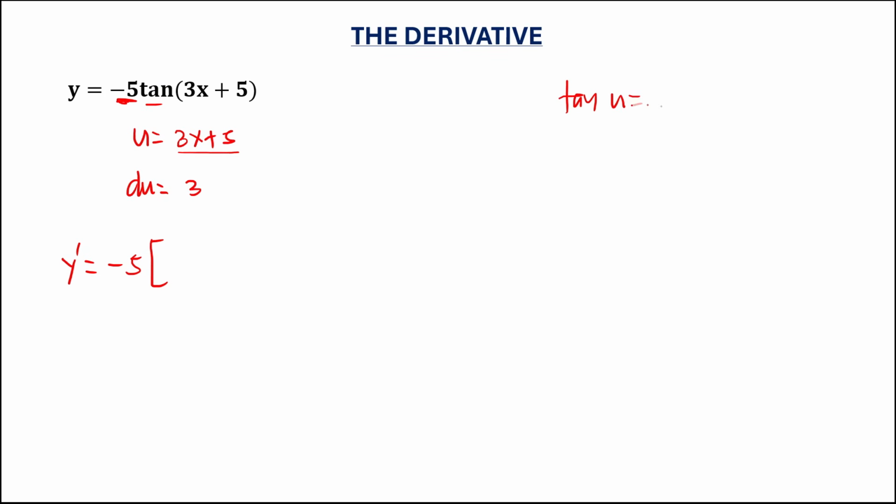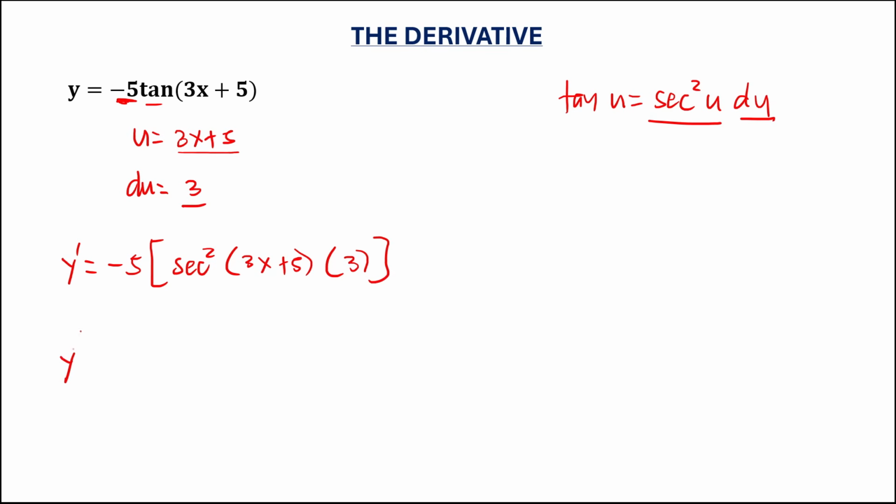Since the derivative of tangent u is equal to secant squared u times the derivative of u, tangent becomes secant squared 3x plus 5, then times the derivative of u, which is 3. So we have y prime equals, multiply negative 5 and 3, negative 15, then secant squared 3x plus 5.